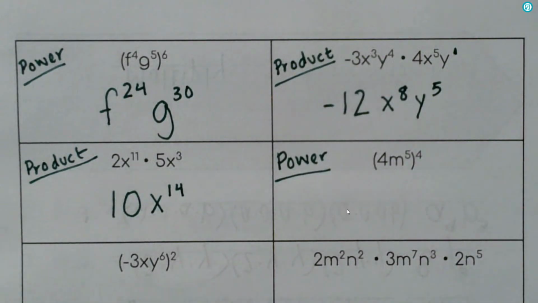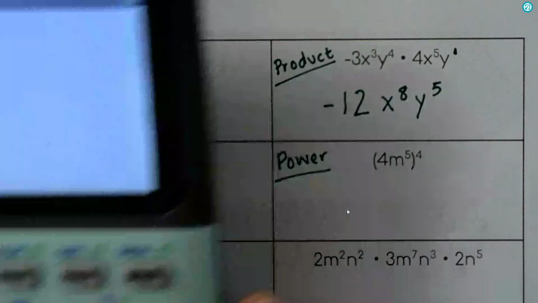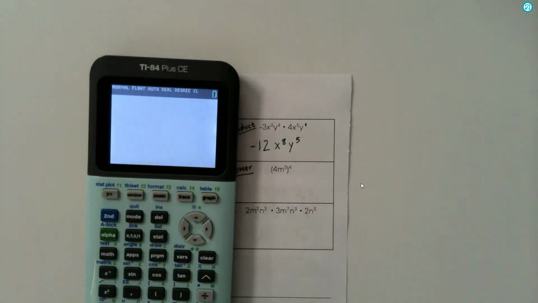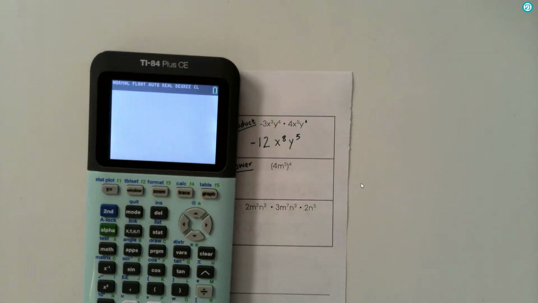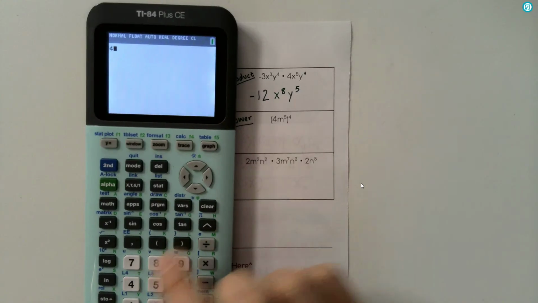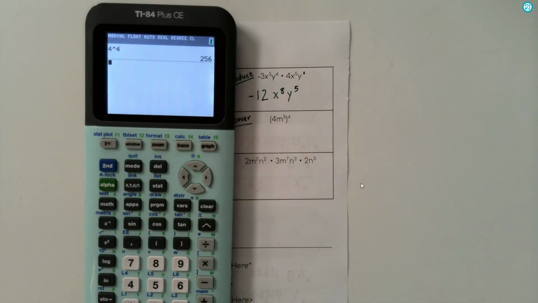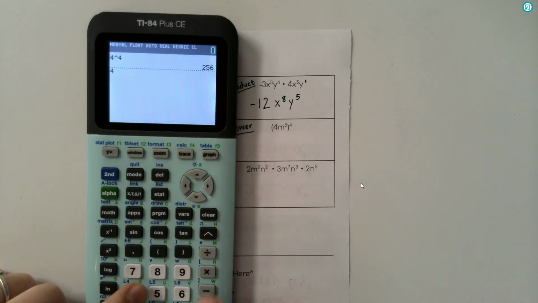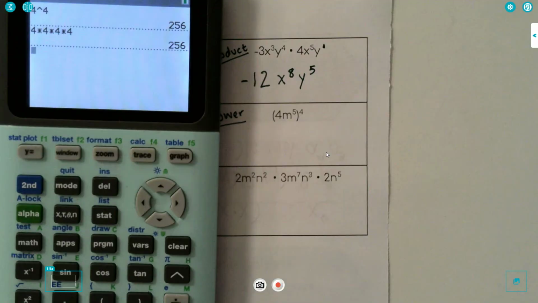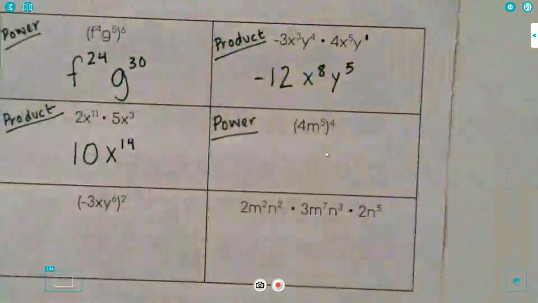You can also use your calculator, with the caret key, to do 4 to the 4th power, and I get 256. Or I can think 4 times 4 is 16, times 4 is 64, times another 4 is 256. But 4 to the 4th power is 256.